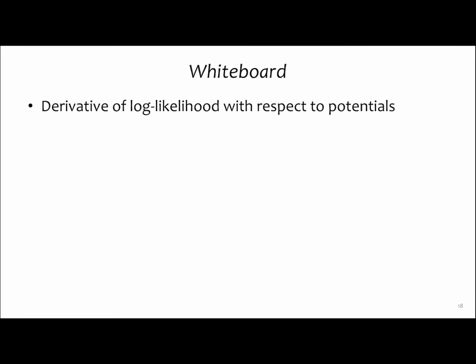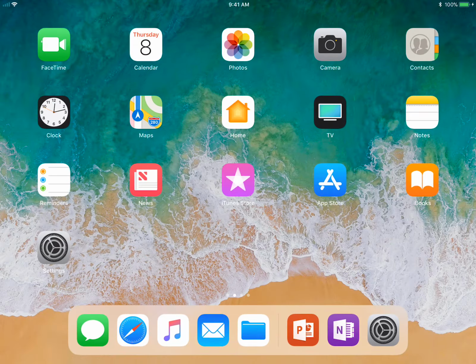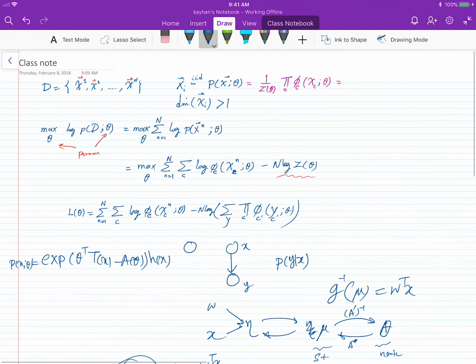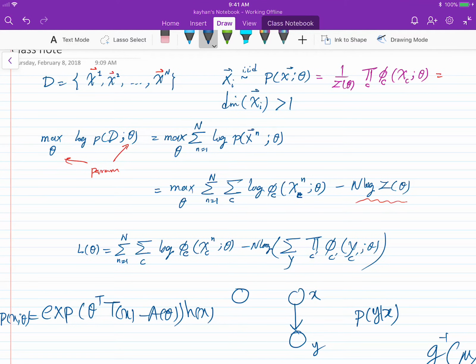So let me write down the log likelihood of the graphical model for you. From last time I realized that you don't have enough time to go over everything, so I'll write down part of it. This is my notation. I'm using curly D to represent all of the observed random variables.